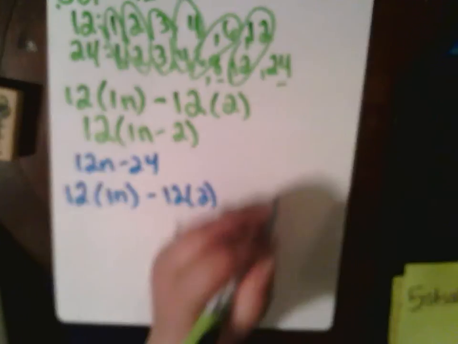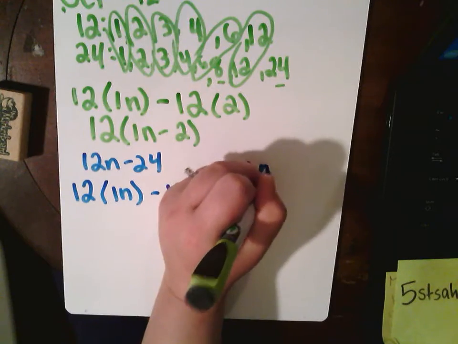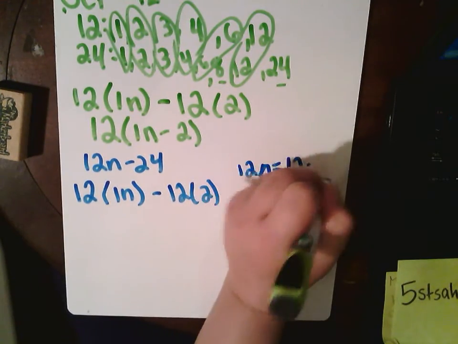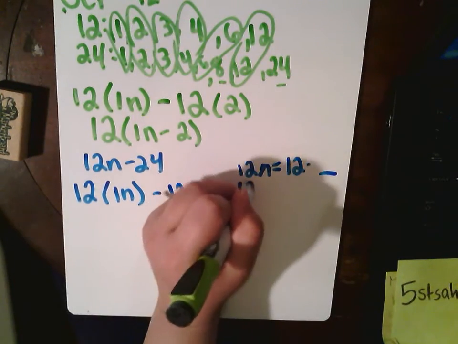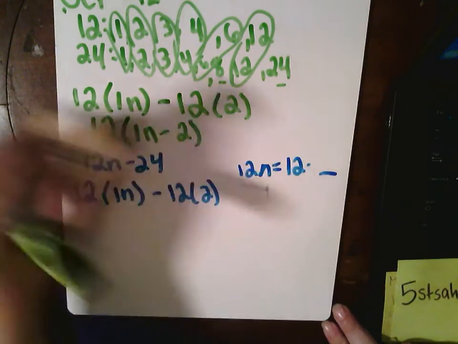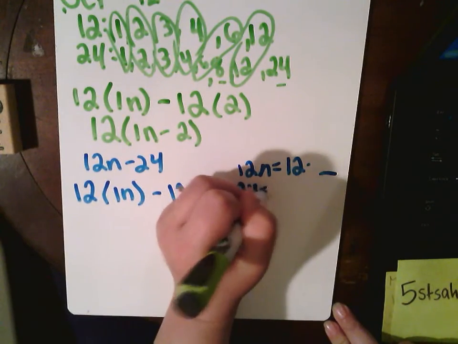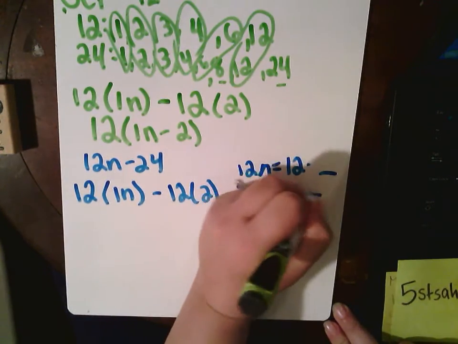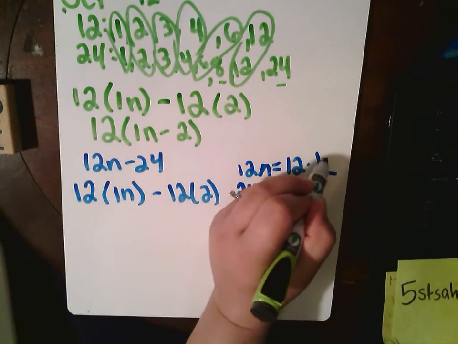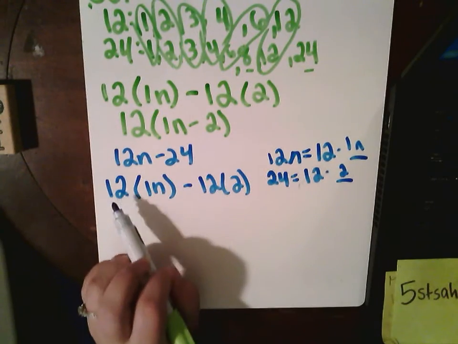And so I wrote out 12n equals 12 times what? And, sorry, that should be 24 right here. 24 equals 12 times what? And that's how I get my 1n and my 2 when I start with pulling out the 12.